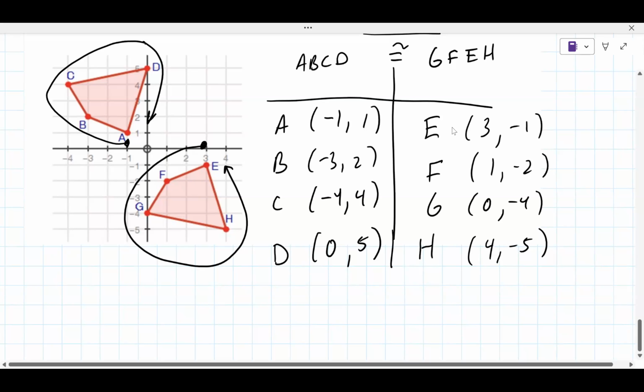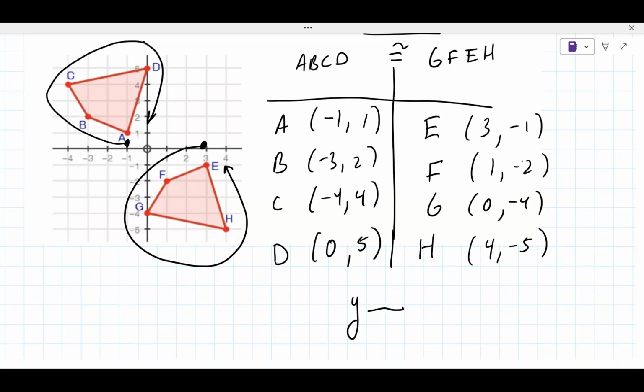So what I'm noticing is that all the Y values are negatives of these Y values. Do you see that? Yeah. Do you remember what causes the Y values to be negated? What kind of transformation?